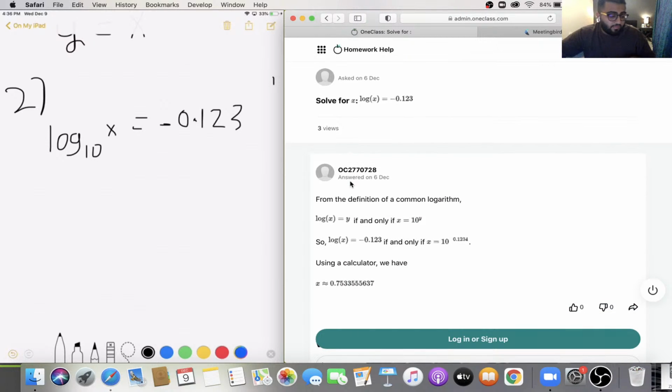Alright, and then we have another log rule where log with a base and then x can also be written as, so we have our base, which is 10, then we have our x, which is what we're solving for, 10 to the x, and it's equal to our expression on the right, in this case negative 0.123.